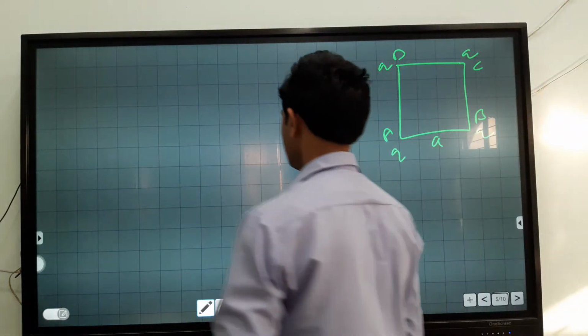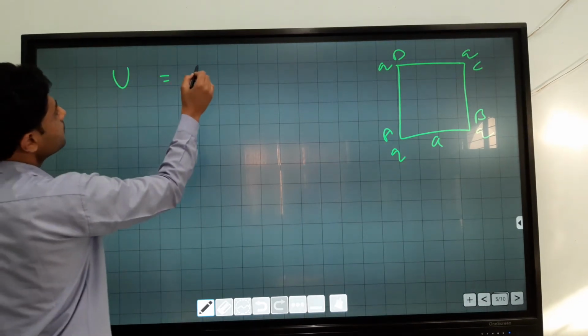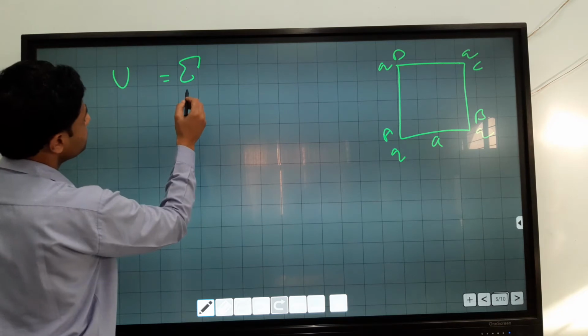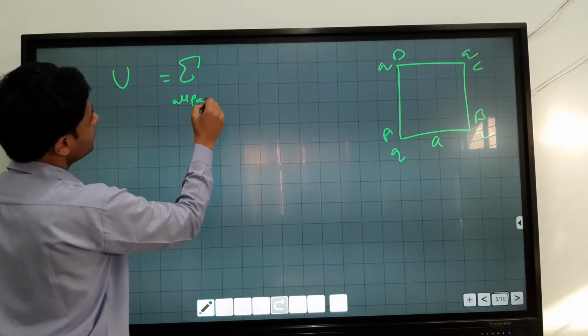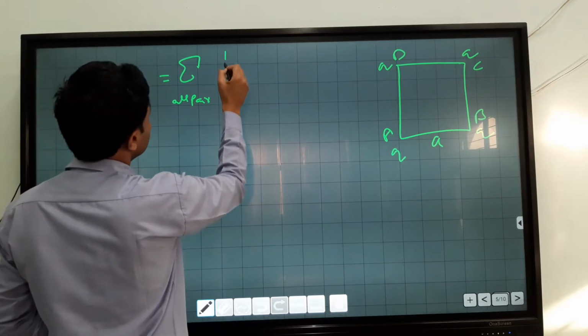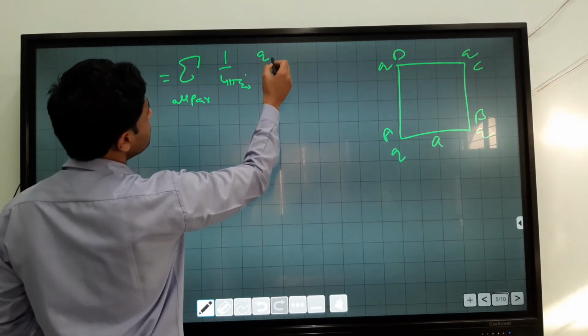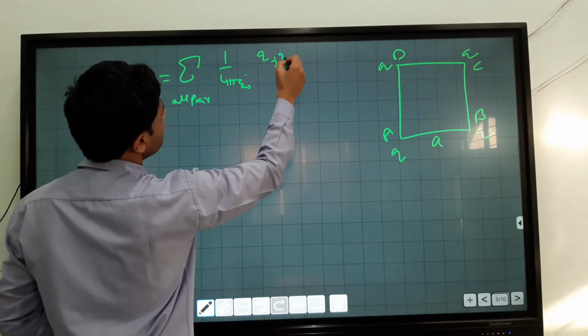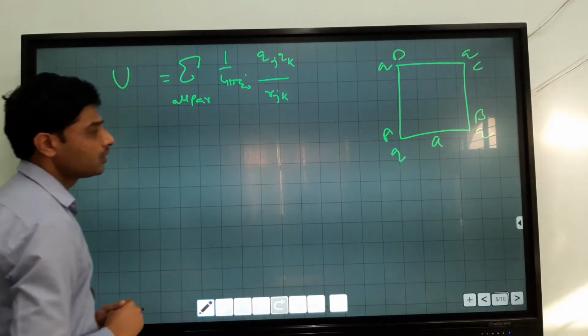As you know, the formula is U equal to summation over all pairs of 1/4 pi epsilon naught Qj Qk upon Rj k. Okay.